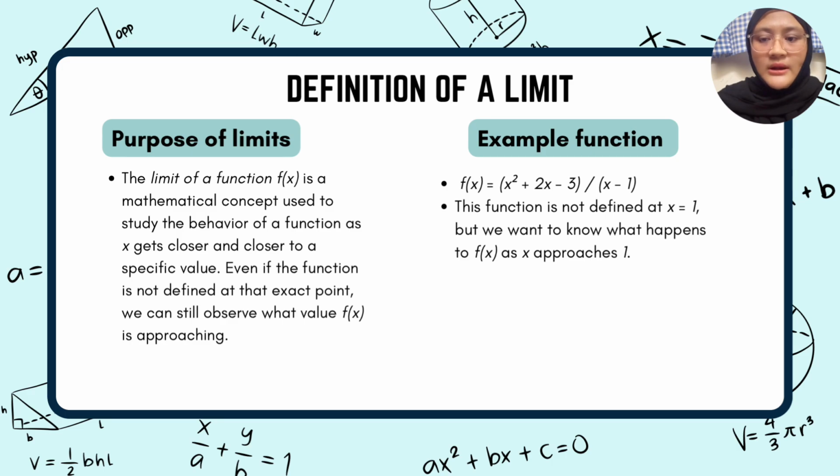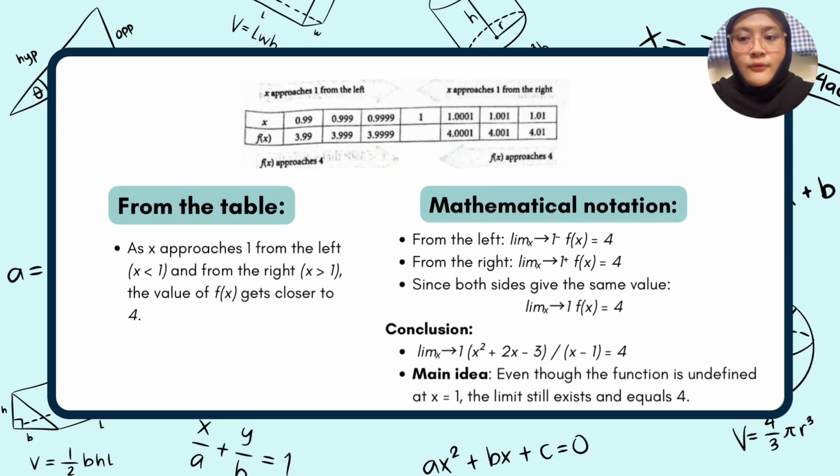In this example, we examine the function x squared plus 2x minus 3 over x minus 1 as x approaches 1. From the table and mathematical notation, the table demonstrates that as x approaches 1 from both the left hand side and the right hand side, the corresponding function values converge toward 4.